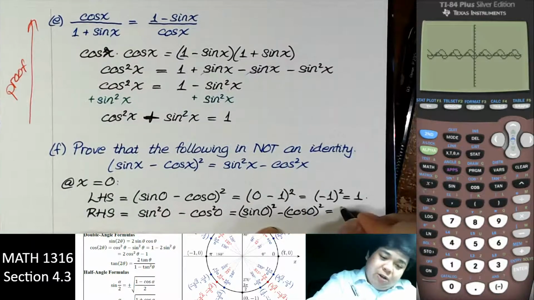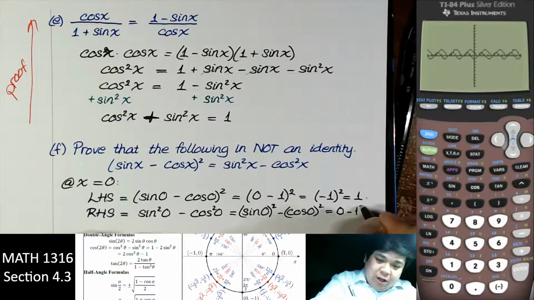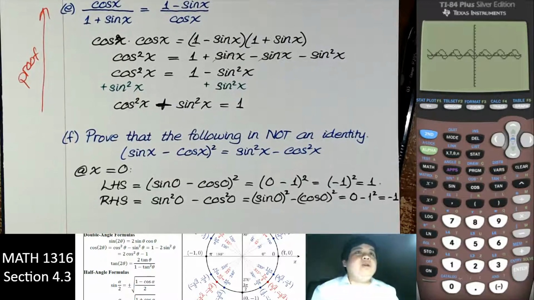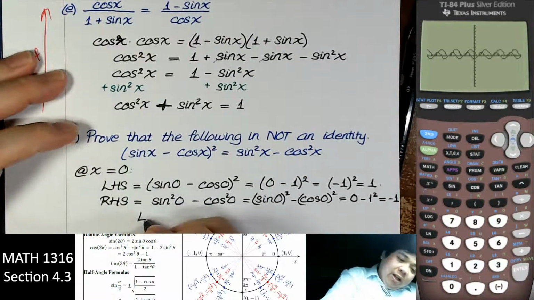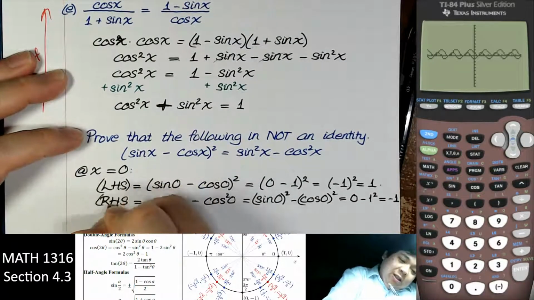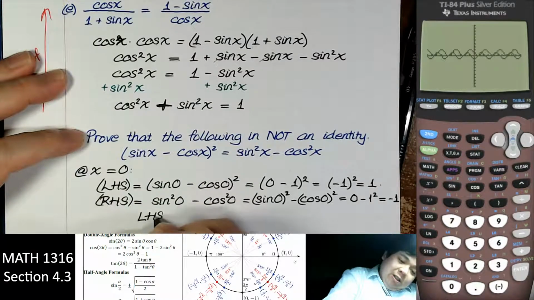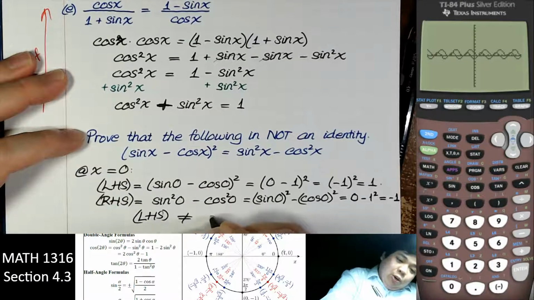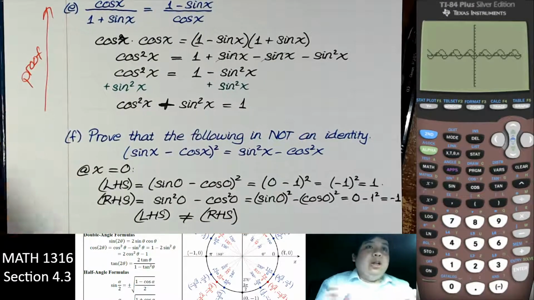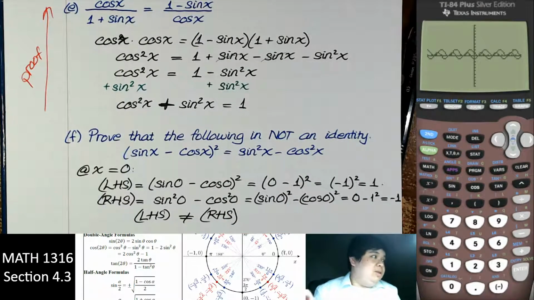Sine of 0 is 0, minus 1 square is minus 1. So we say the left hand side is not equal to the right hand side when x equals 0. So the functions are not identical.